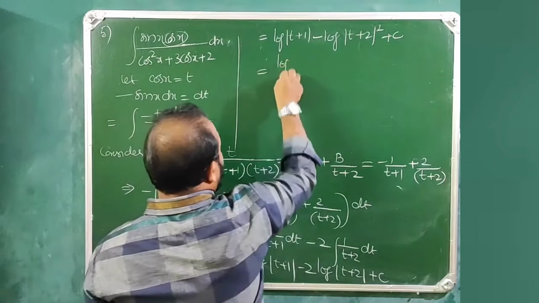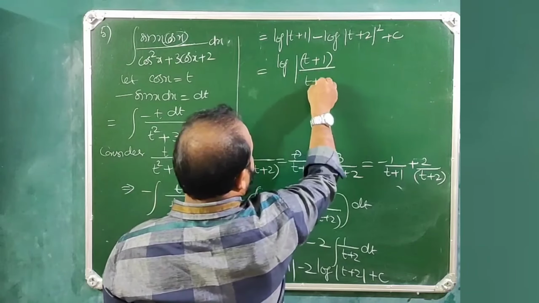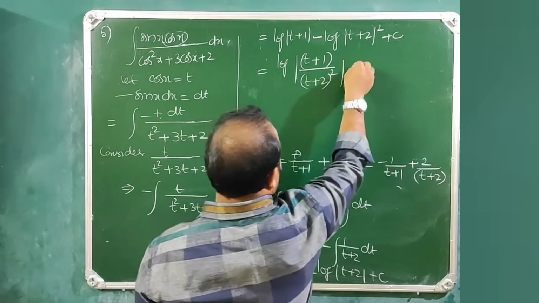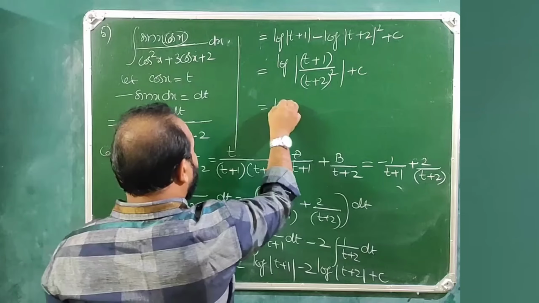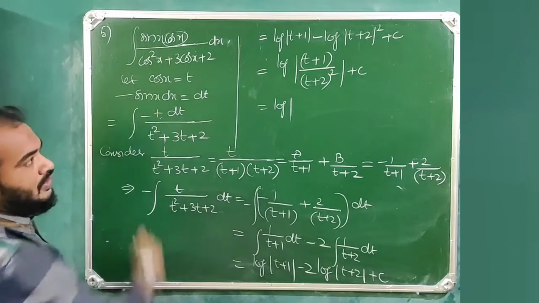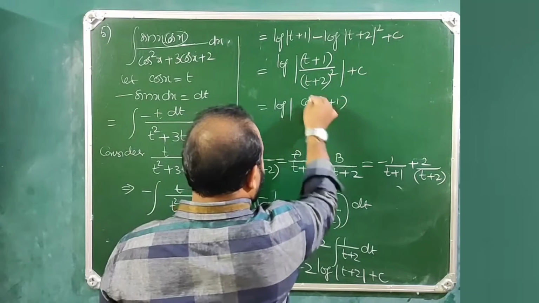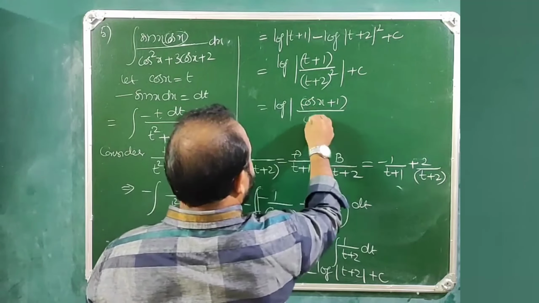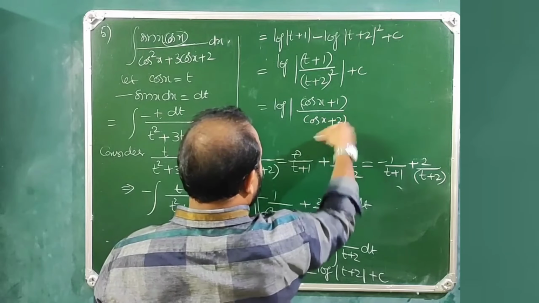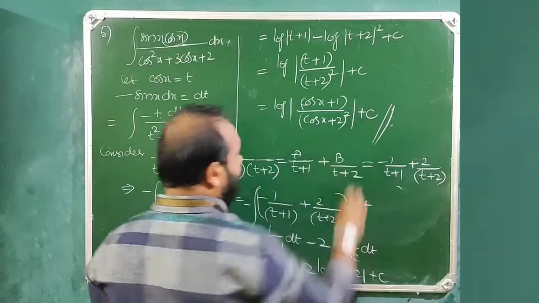So log of t plus 1 by t plus 2 whole square plus c. So the value of t which we have taken earlier is cos x. So log of cos x plus 1 by cos x plus 2 whole square plus c. So this is the final answer.